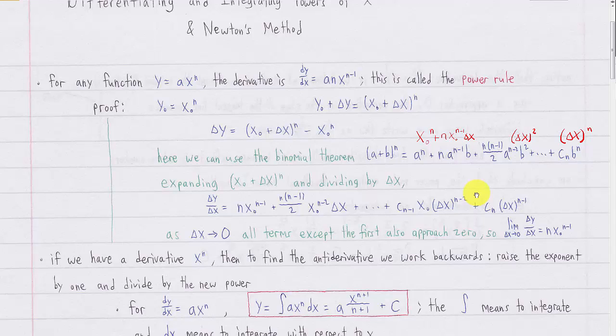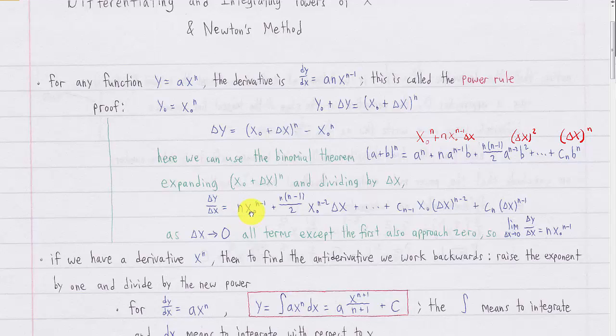So then when we take the limit as delta x approaches 0, all these terms will also approach 0 and they will cancel out. So all we have is the limit as delta x approaches 0 of delta y over delta x, which is our derivative, is equal to this first term over here, n times x0 to the n minus 1.